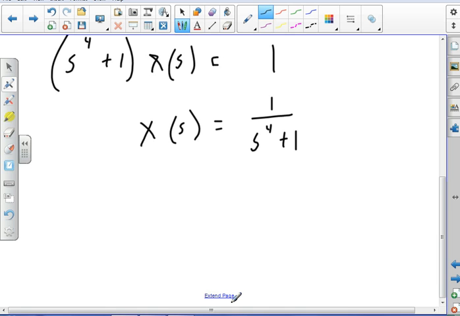Okay, s to the fourth plus 1. Alright. There's no partial fraction I can do.